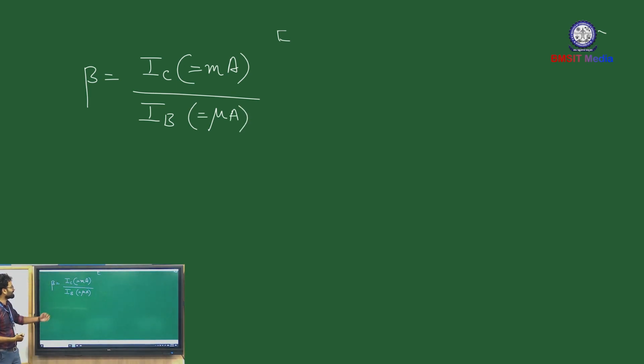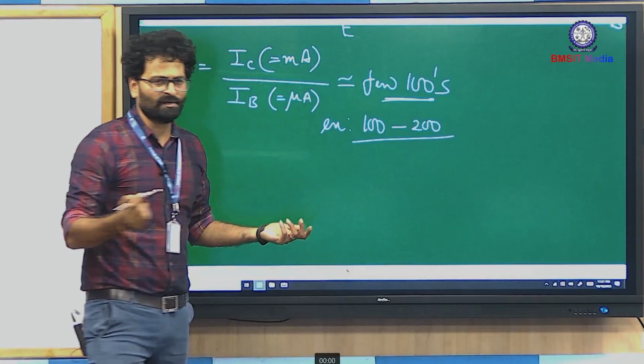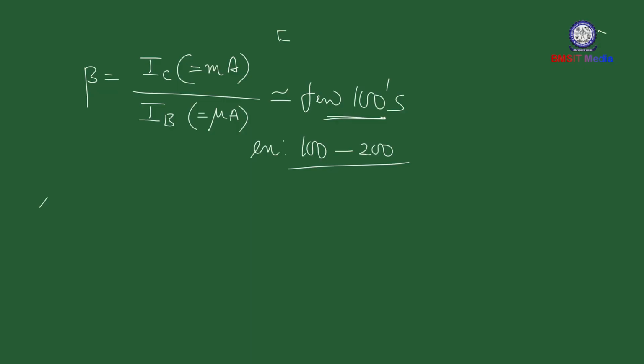So a typical ratio of milli by micro will give you beta in the range of few hundreds. Typical range is say some 100 to 200 or even 75 to 150, something like that. So in few hundreds, the typical beta range, you are going to get it.